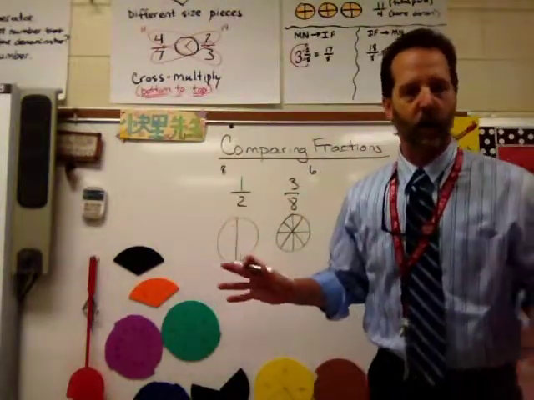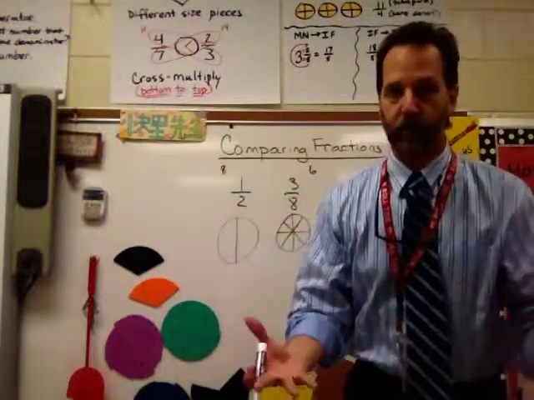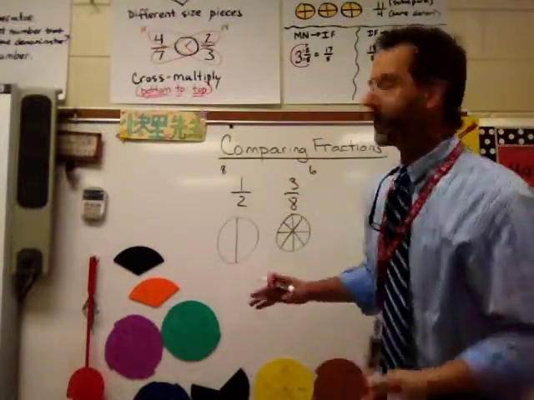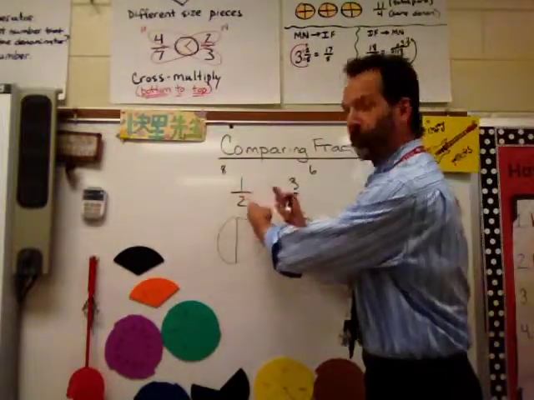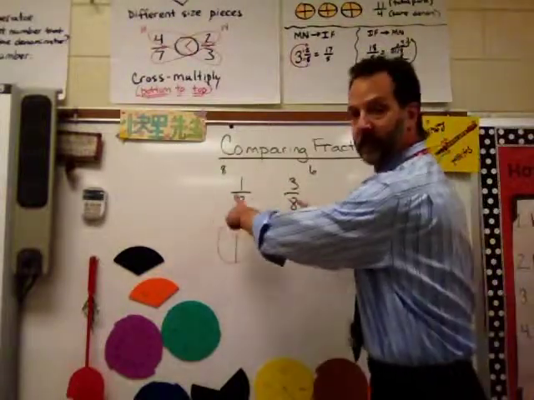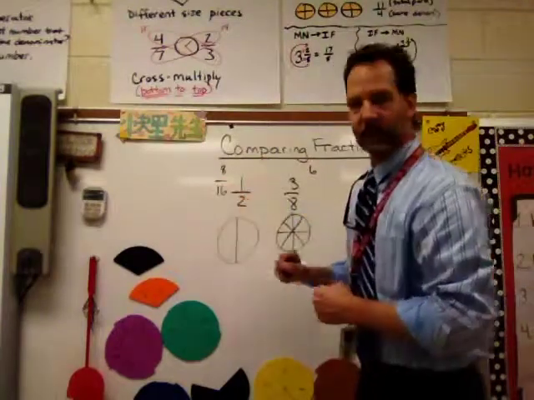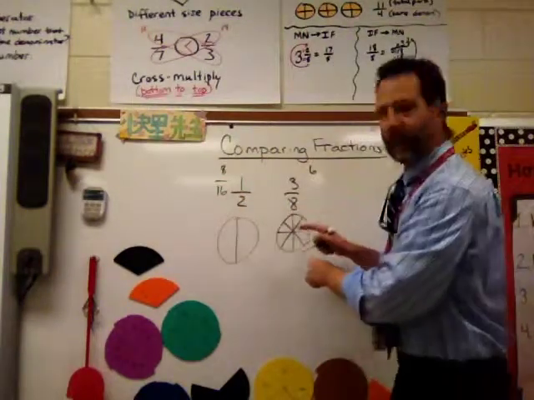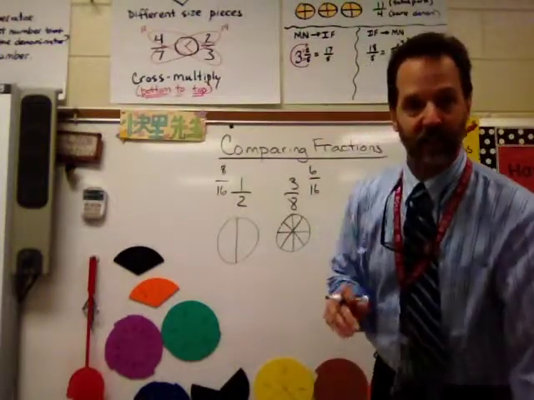Now, the only reason that works is because what we're really doing is we're making equivalent fractions. What we're really saying is, if I was going to write 1/2 as an equivalent fraction with a common denominator for both, 1/2 would be 8/16. 3/8 would be 6/16. Want to know where the 16ths comes from?